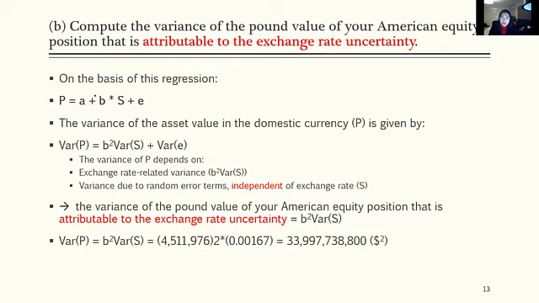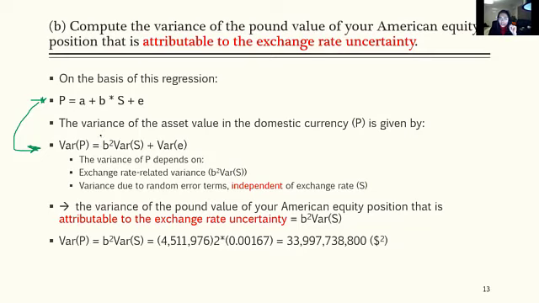So here, on the basis of the regression that we started before, P equals alpha plus beta times S plus epsilon. From this equation, we can deduce that the variance of P, the variance of the pound value of this asset, should be comprised of two components.